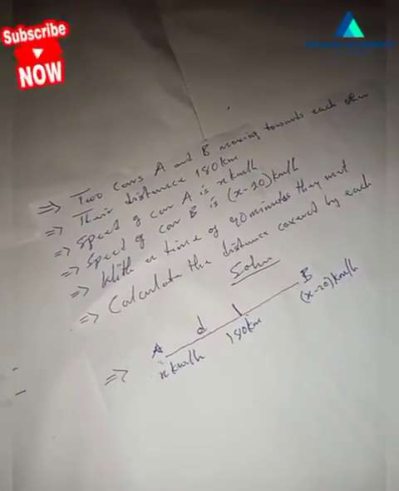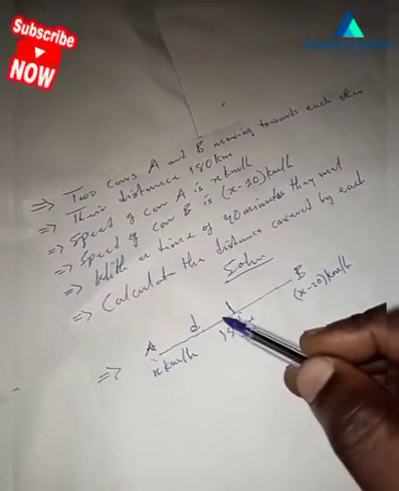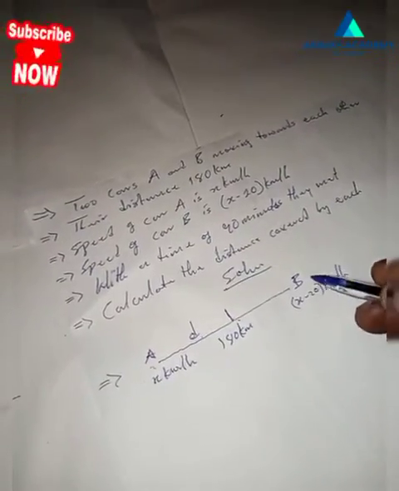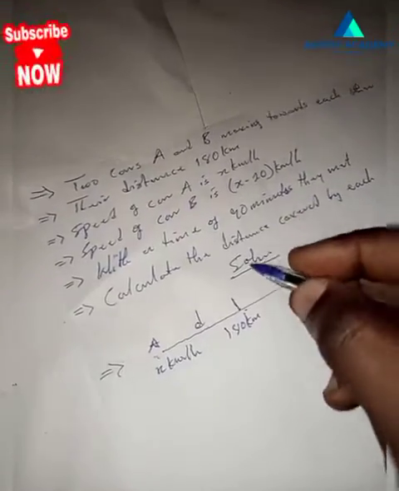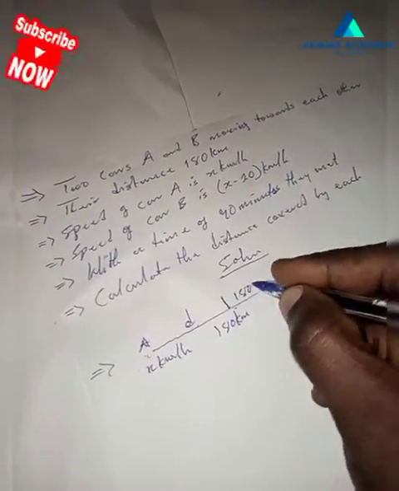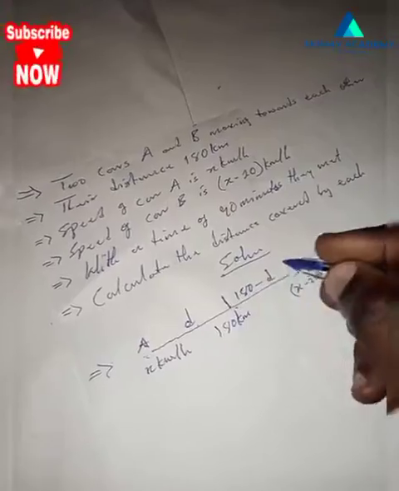So you could see that if A moved a distance of D, then B would have covered a distance of 180 minus D, isn't it?